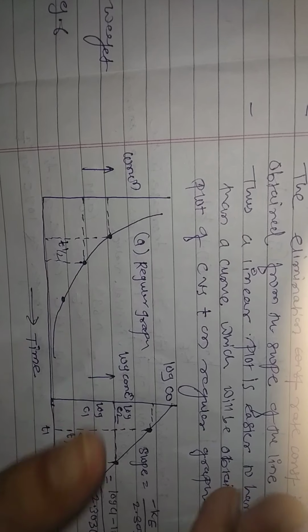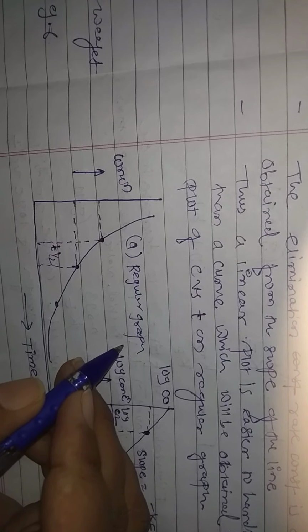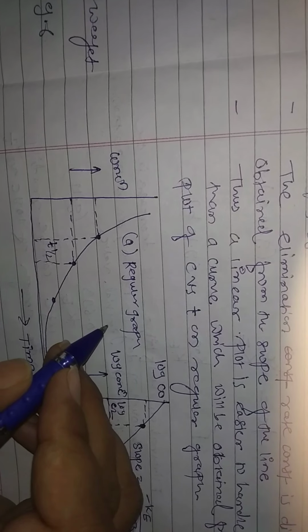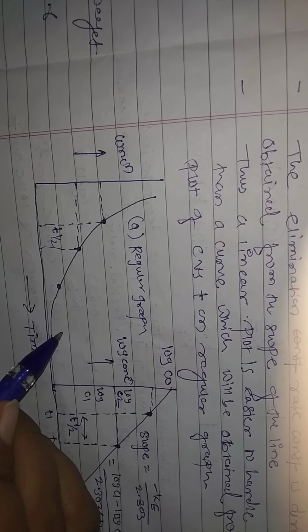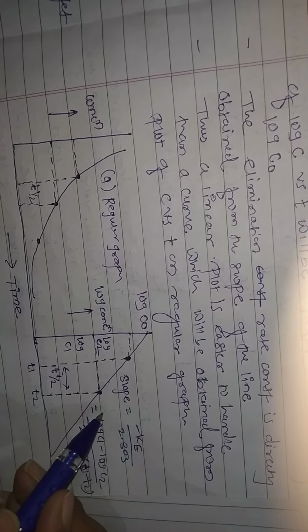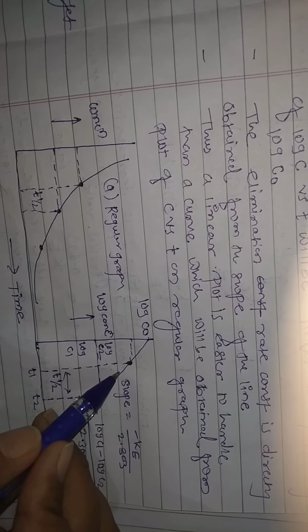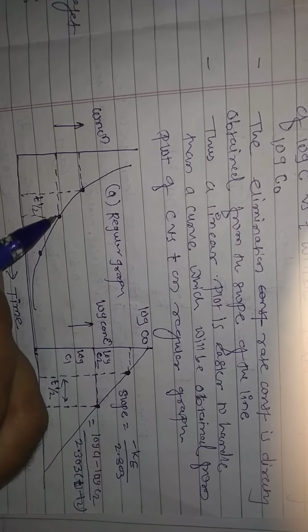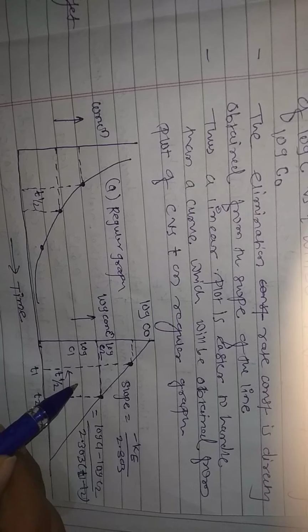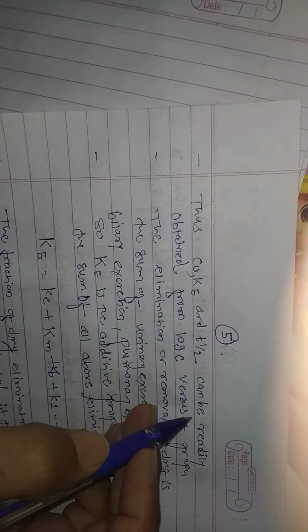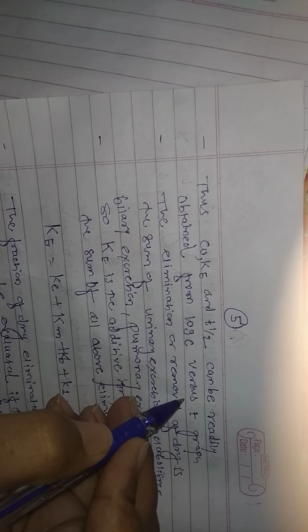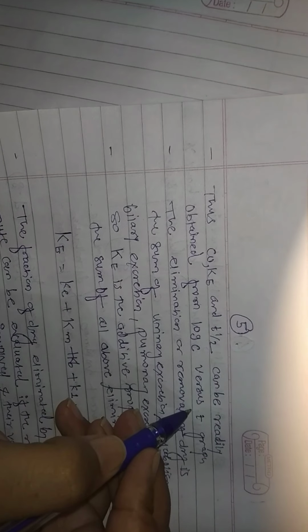So instead of using this regular Cartesian graph, because here it is non-linear, and if you want the mathematical expression to be well expressed by a linear graph, we will take this one, that is graph B. Thus C0, ke and t half can be readily obtained from the log C versus t graph, that is the second type of graph.